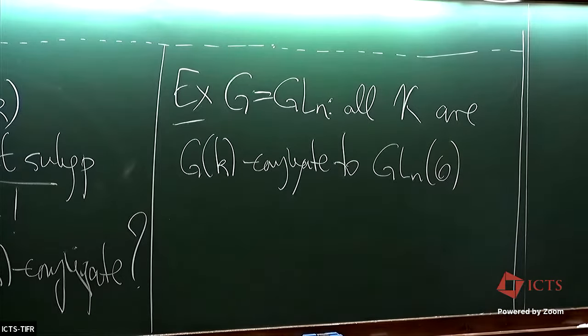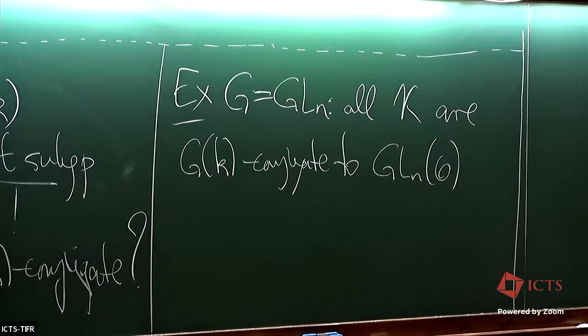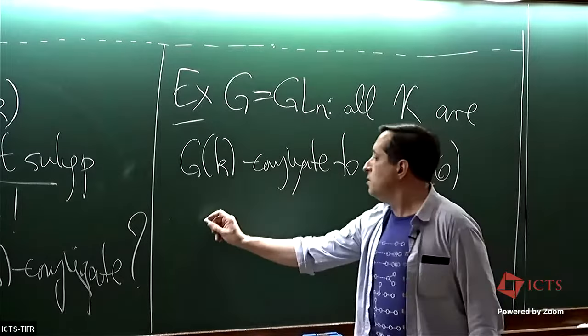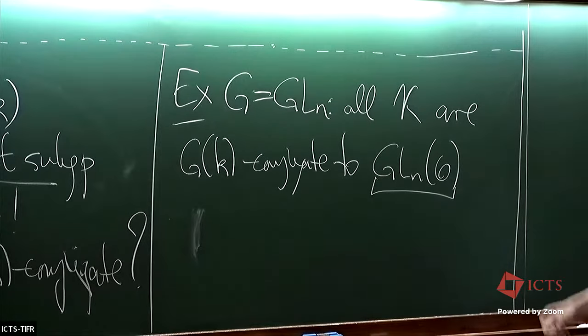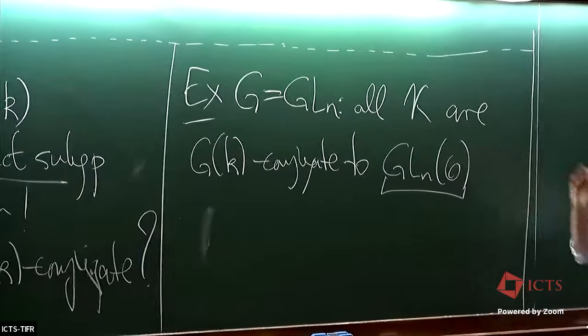I'll write O, little o, for the valuation ring of the local field little k. So every maximal compact is conjugate to the first thing you would write down. But what's going to be useful for our purposes later is to think about the other conjugacy classes. And maybe I should mention, by the same lattice argument that proves this, this thing turns out to also be its own normalizer.